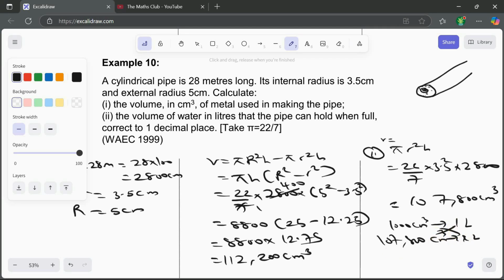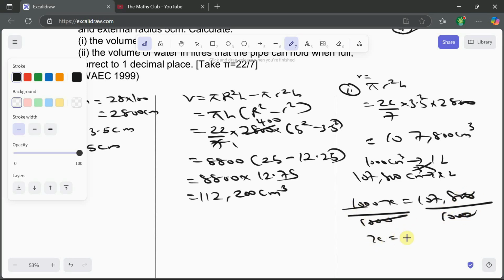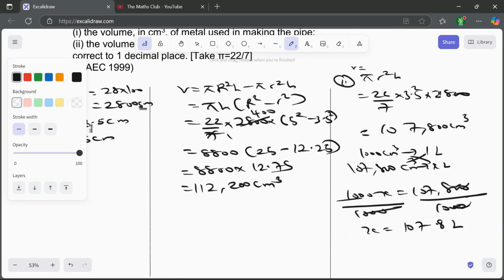So if I cross multiply, that will be 1,000 x is equal to 107,800. If I divide by 1,000, the zeros cancel, so our x would be 107.8 liters, right? And it said to 1 decimal place, so this is correct, 107.8 liters.